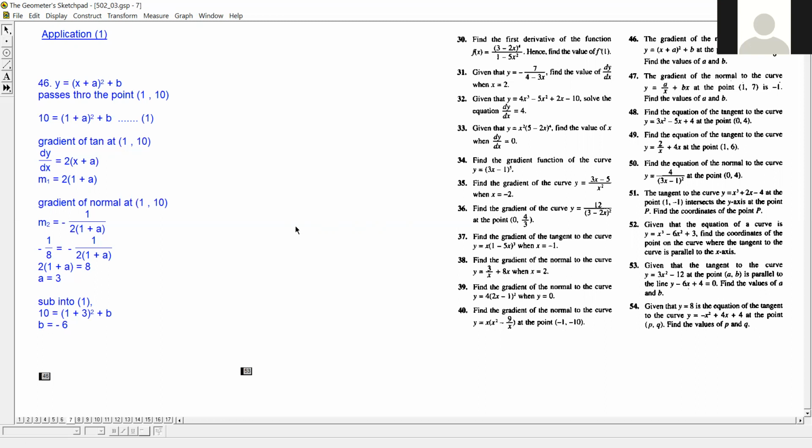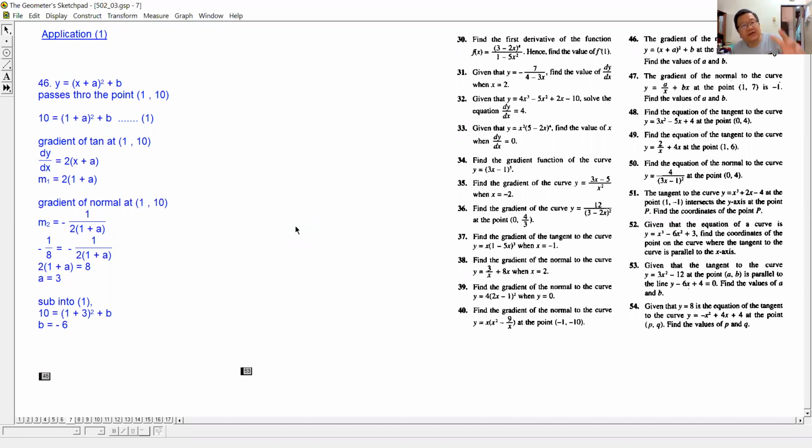Okay. So far, any other question? No? Then I go through again how to tackle this type of question. You're always given a point. Point you cannot substitute into gradient. Point you substitute into the curve. It will give you one equation. That is the first thing.